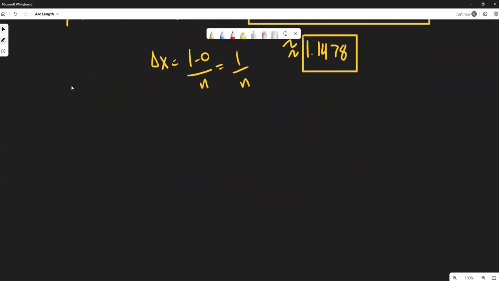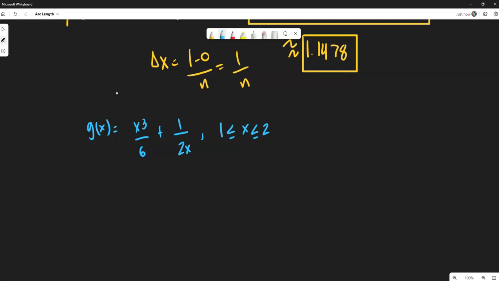We can also apply our arc length formula similarly, like if we have g of x equal to x cubed divided by 6 plus 1 over 2x, and we find the measure of the arc from 1 to 2.